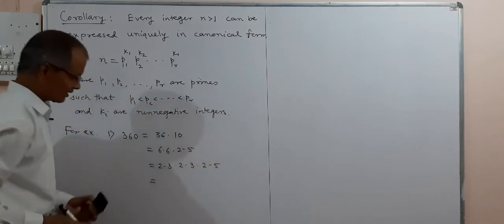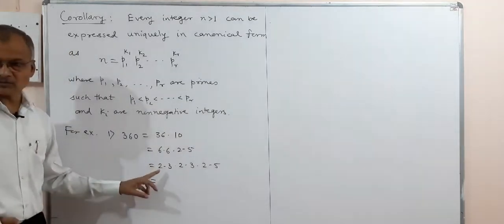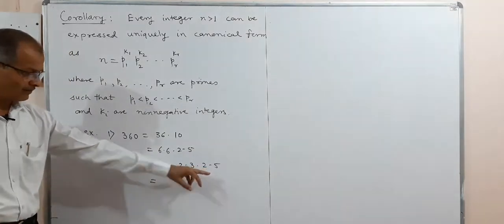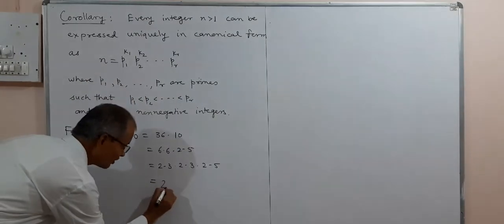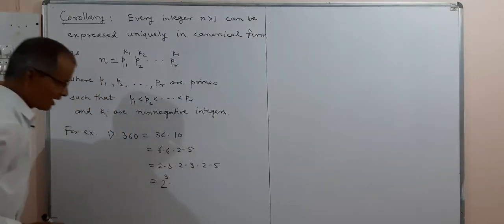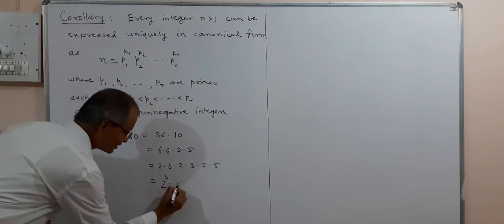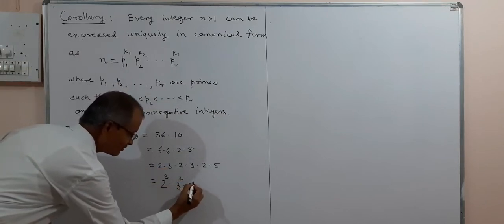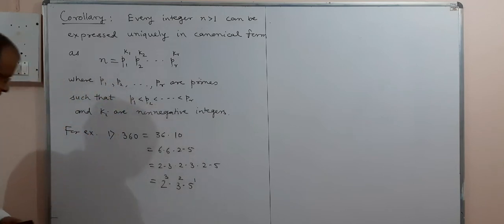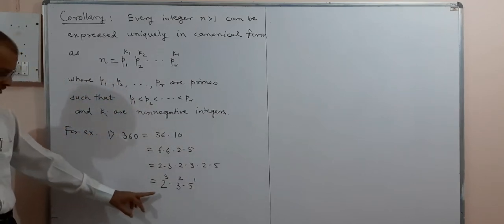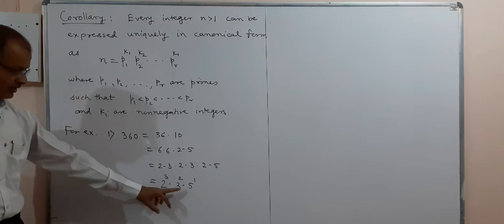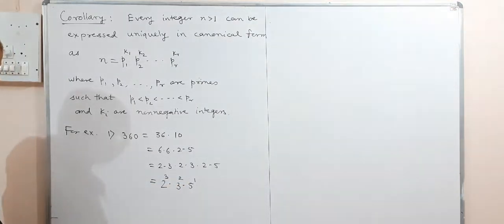Now you may observe how many distinct primes are there: 2, 3 and 5, but 2 is repeated 3 times. So we collect the powers of 2 and write 2 to the power 3. 3 is repeated 2 times, so this is 3 square, and 5 is repeated once only, and thus the canonical form of 360 is 2 cube, 3 square and 5 to the power 1.